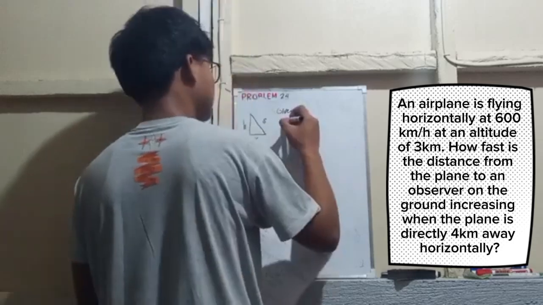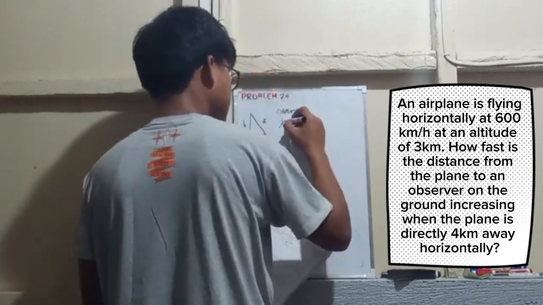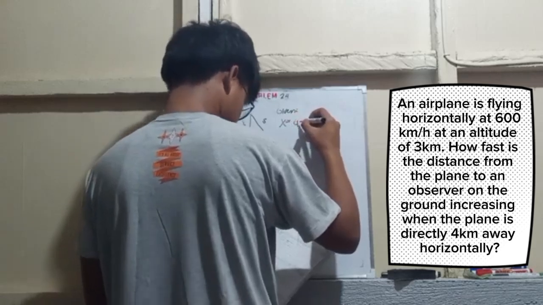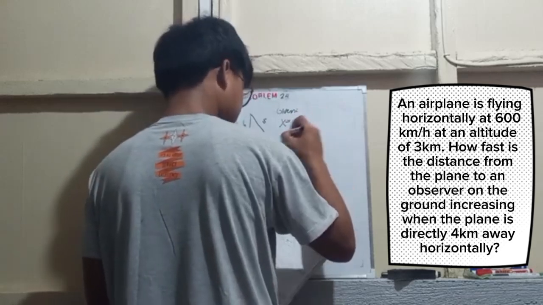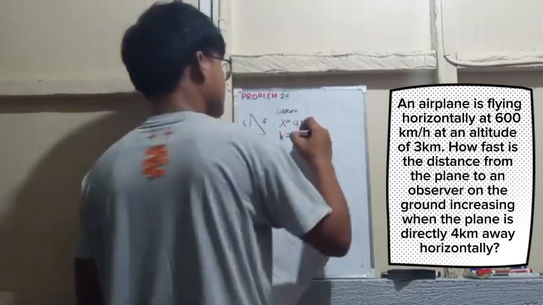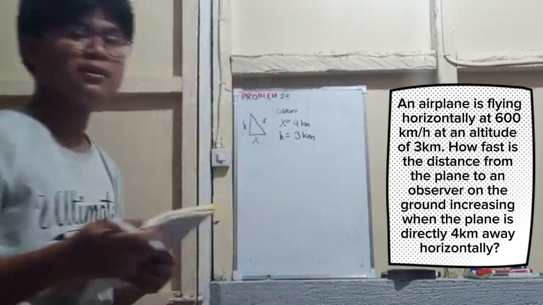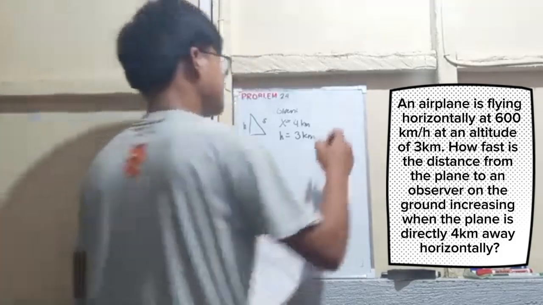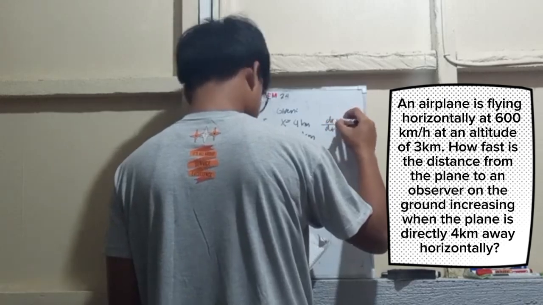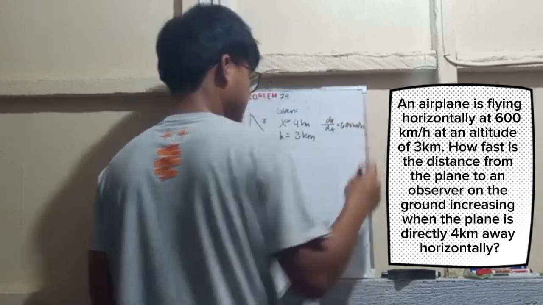So we'll have the distance horizontally as 4 km and our height, or the altitude of the airplane, is equal to 3 km. And the rate of x, dx over dt, is equal to 600 km per hour.